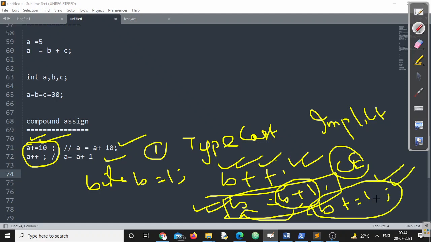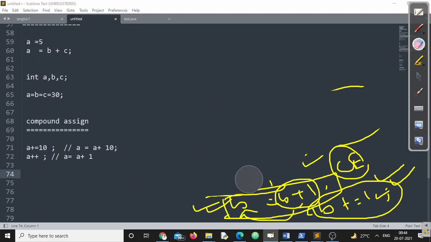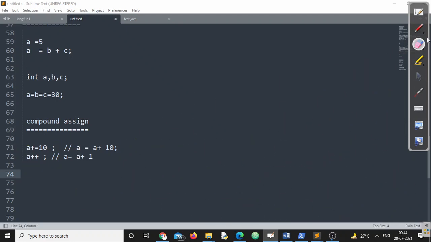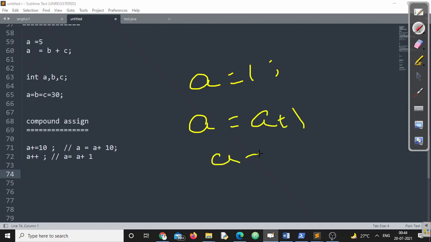So in both the cases, not only are they incremented, but also they are typecasted. Implicit typecasting has been done to the source type. You don't have to bother about that. If at some point an interviewer asks me, I have a byte variable and the value of that byte variable is 1, can you please explain what will happen if I am writing this?